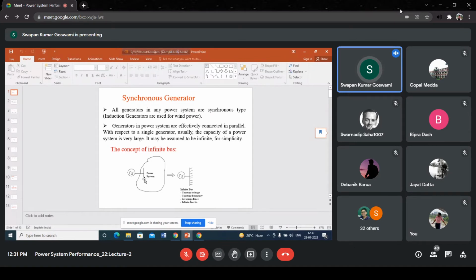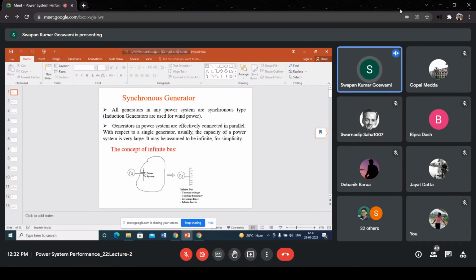In what sense is it fixed? If you change the power output of this generator, whether the active or reactive power output, the voltage magnitude of this bus will not change. That means this bus behaves as a constant voltage source.